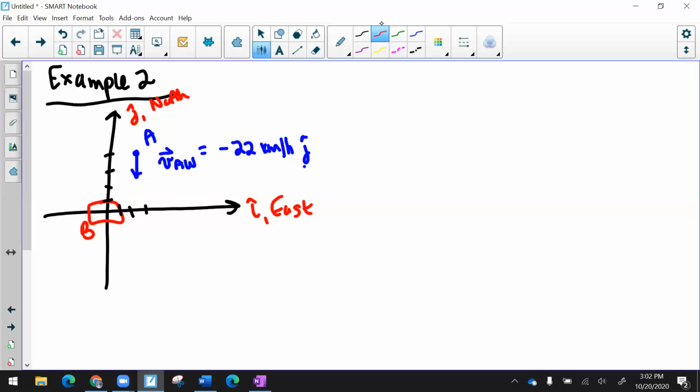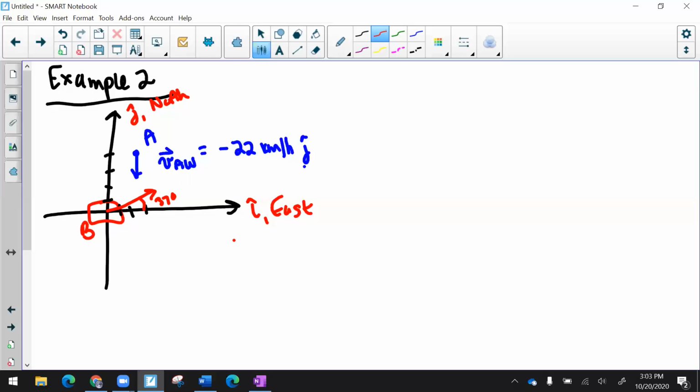And then how's ship B moving? Yep. Okay, so north of east means I start east, I move that number of degrees north.